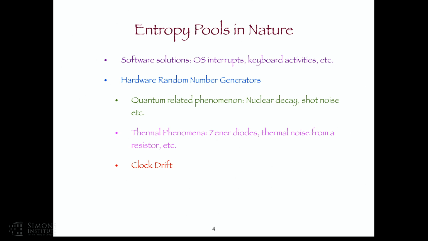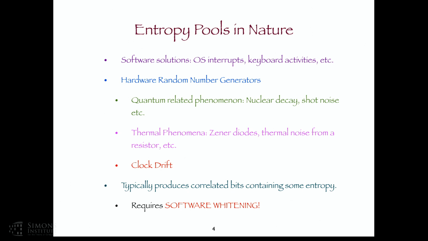Typically, these things collect some entropy, but they're far from producing uniform, purely random bits. At best, what they produce is correlated bits which contain some amount of uncertainty or entropy. The task here is to use some kind of deterministic procedure, or some kind of function, to extract purely random bits out of these for all kinds of applications.